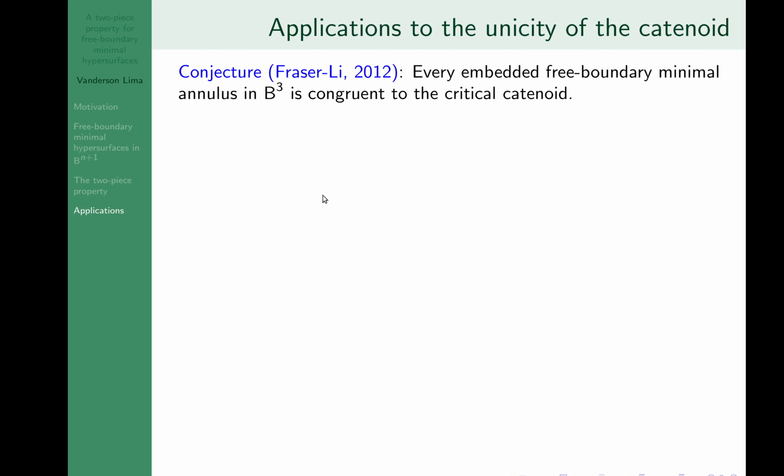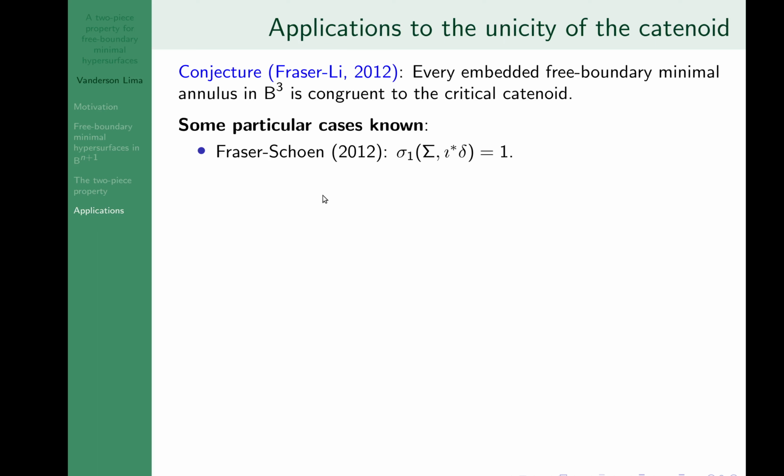This is the analog of the Lawson conjecture for embedded minimal tori in the Euclidean three-sphere, which we know now is true due to Brendle. So we have some partial results in this direction.